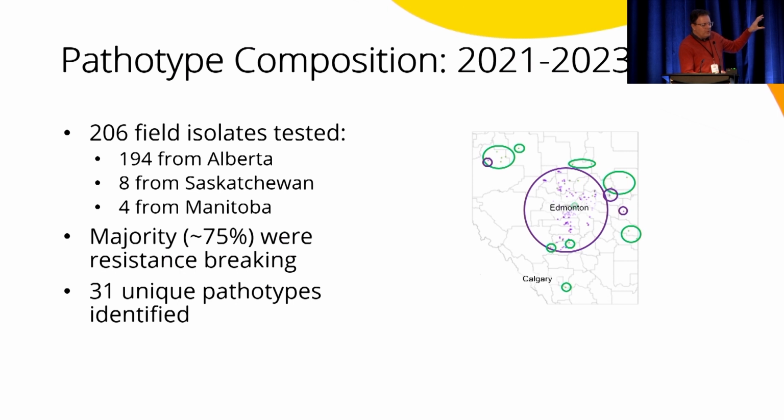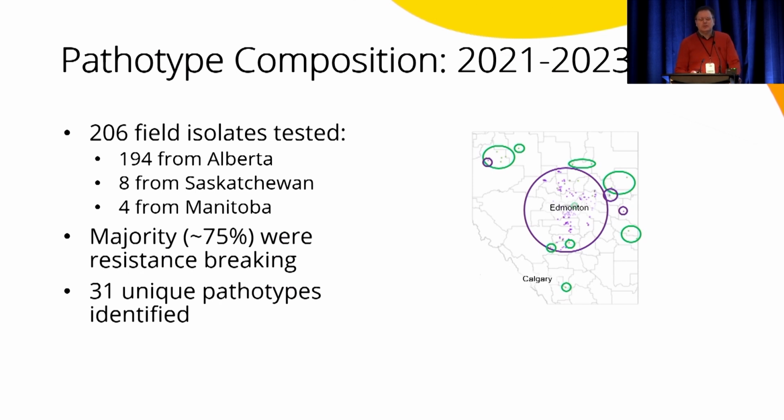Where it's purple, it's resistance-breaking. Where it's green, it's controlled by all sorts of resistance. What you can see is that most of the resistance breaking is occurring in central Alberta, where clubroot has been most entrenched. As you move into more clubroot peripheral areas, there are a lot more of the older type pathotypes that couldn't break resistance, although some resistance breaking is beginning to emerge there.